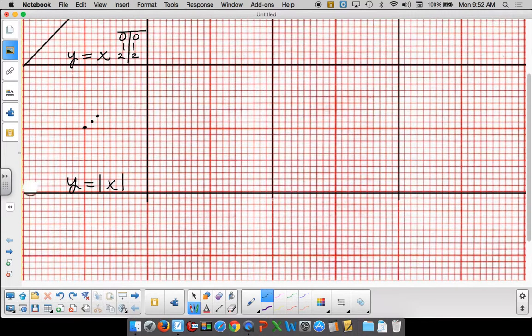It looks like a normal diagonal going to the right, but when you go negative, -1 also gets you +1, -2 gets you +2, etc. So absolute value is always a V.